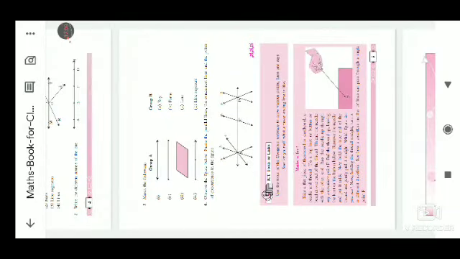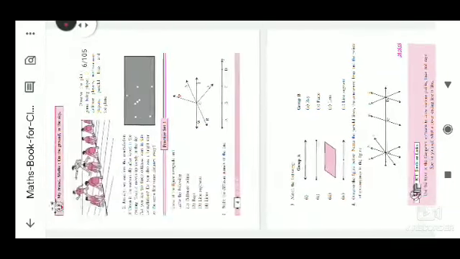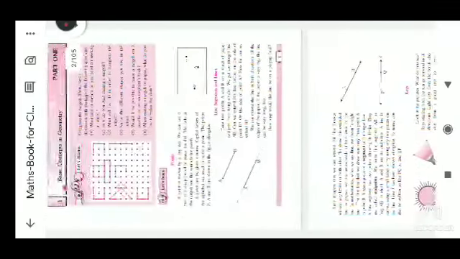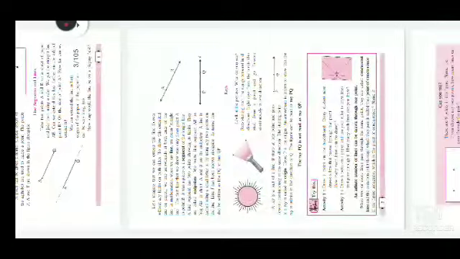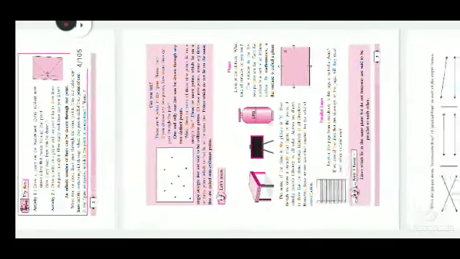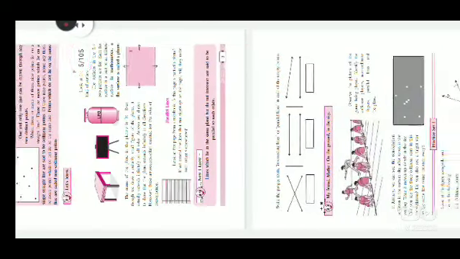So with this practical, today we have completed our first lesson, the basic concepts in geometry. All of you learn the definitions, practice the exercise, complete the exercise and practice the GeoGebra app. It is the ICT tool for it. Okay, thank you.